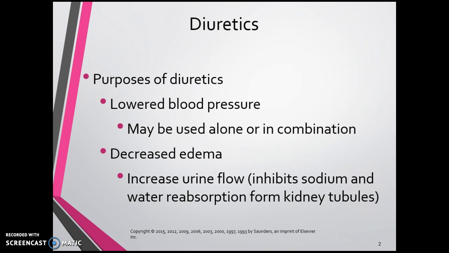So diuretics, purposes for diuretics. One purpose is that it can lower blood pressure, and it may be used alone or in combination with something else, and then to decrease edema. So increase urine flow, inhibits sodium and water reabsorption from kidney tubules.